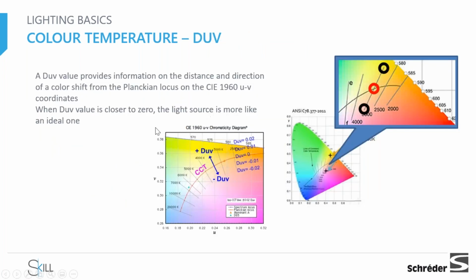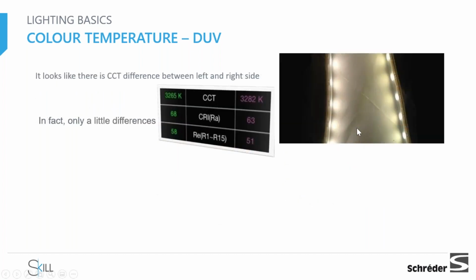So what's the effect of that? If you look at the picture here, the light on the right side and the light on the left side, you will initially tell that those are totally different colors. They are not similar. But if you do a test in the lab, you will find that they are very similar. This is 3265 and 3285, so the difference is less than 30.